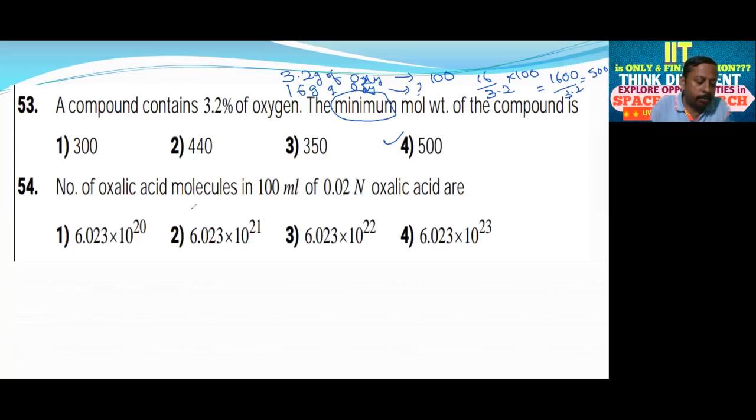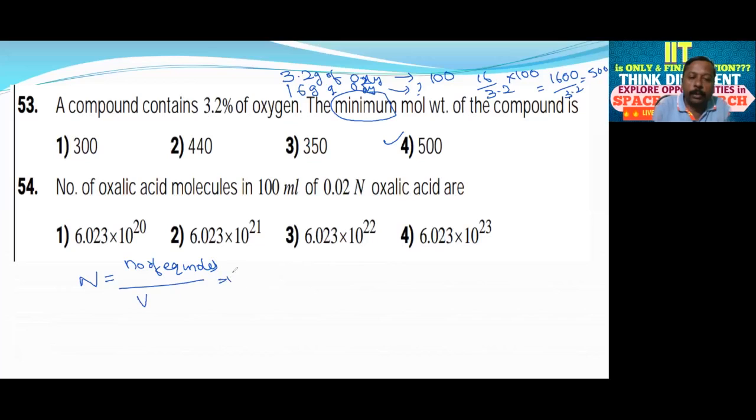Then, the number of oxalic acid molecules in 100 ml of 0.02 normal oxalic acid. Normality is given, and you have to find the number of moles. Put it in the normality formula: normality is equal to number of equivalents divided by volume.